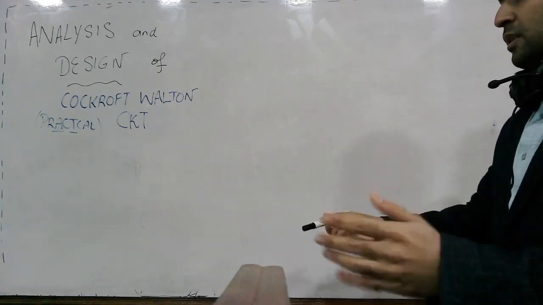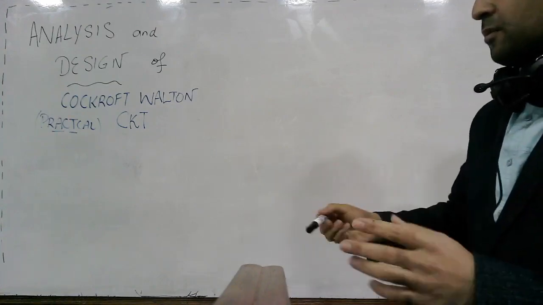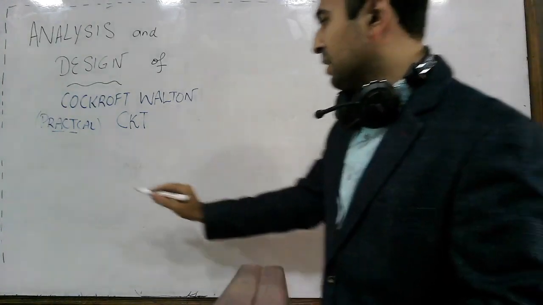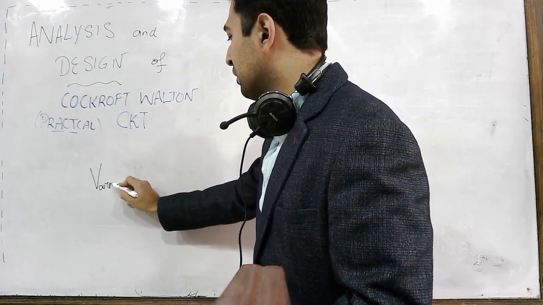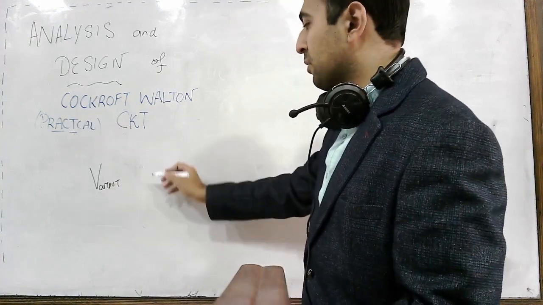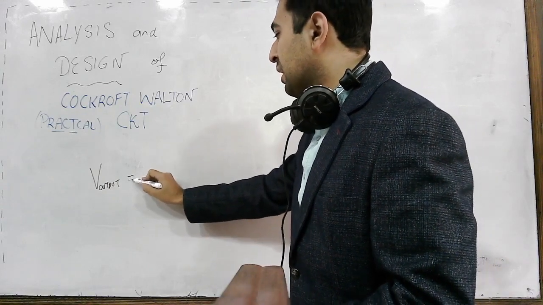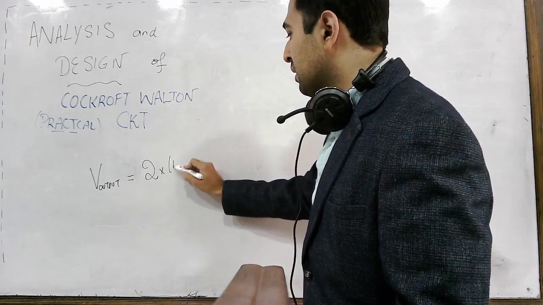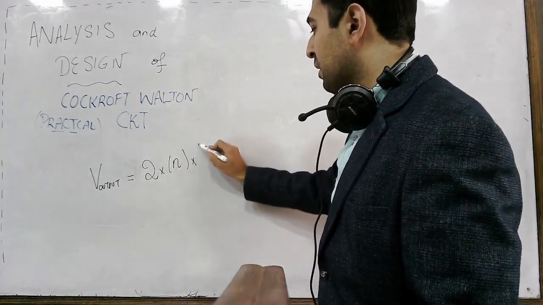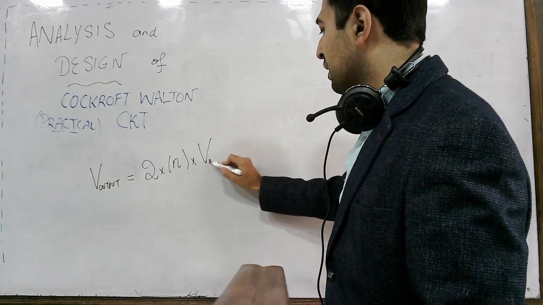As I told you, and you are well aware from your previous lecture videos, the output from this Cockcroft-Walton multiplier circuit theoretically is equal to 2 times the number of stages multiplied by V maximum.